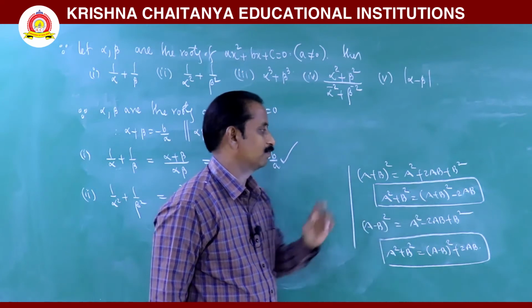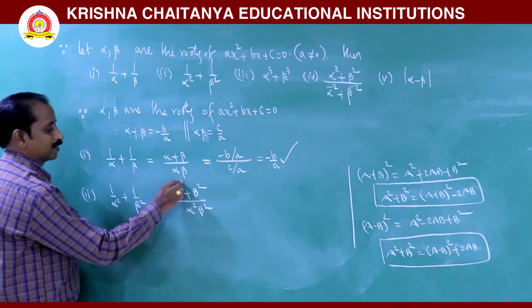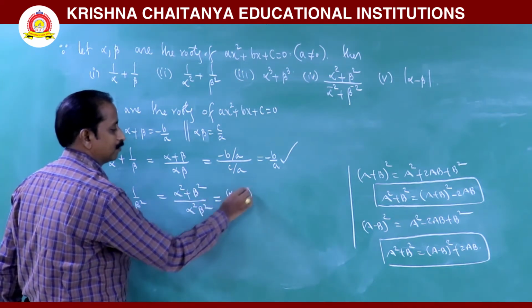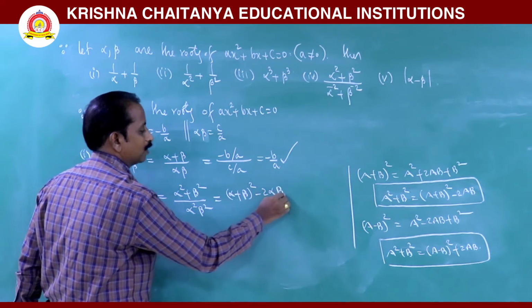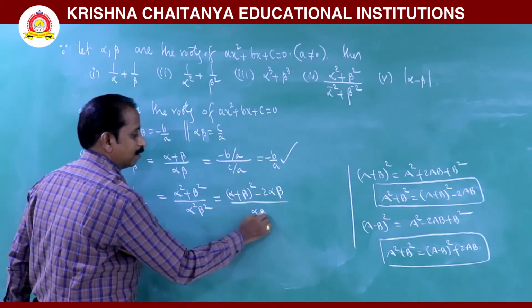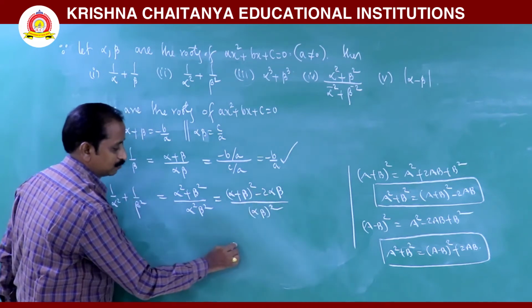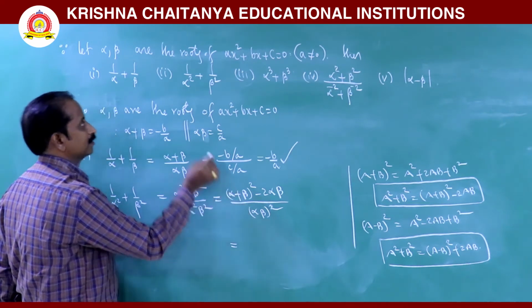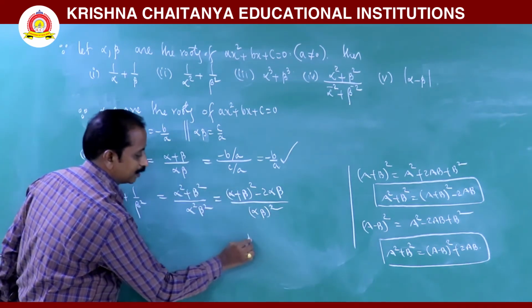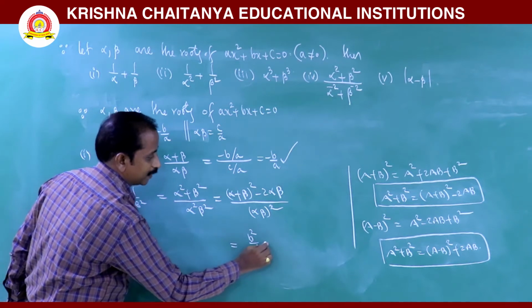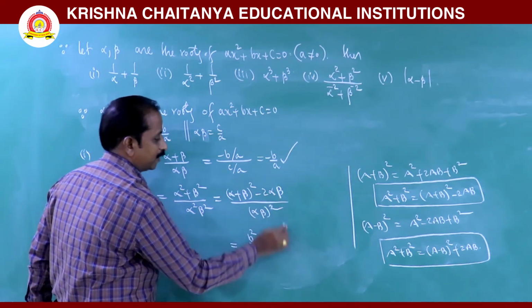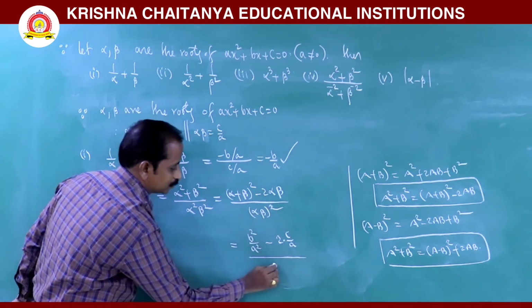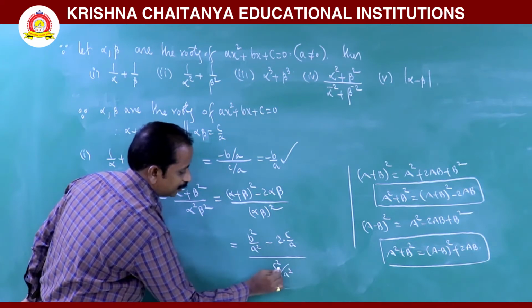this formula only. So therefore alpha square plus beta square can be written as alpha plus beta whole square minus 2 alpha beta, divided by alpha beta whole square. So alpha plus beta value is nothing but minus b by a. Minus b by a whole square is nothing but b square by a square, minus 2 into alpha into beta, nothing but c by a, divided by c by a whole square, meaning c square by a square.